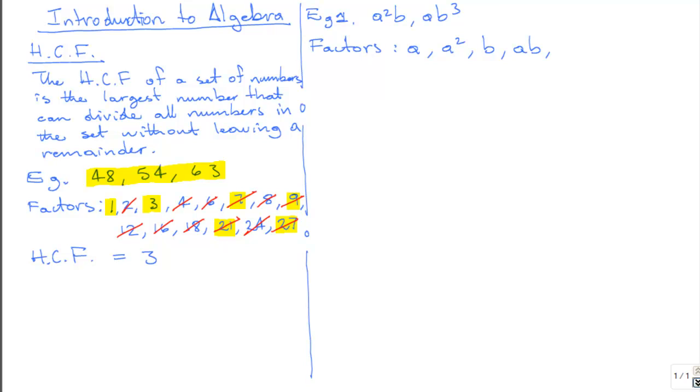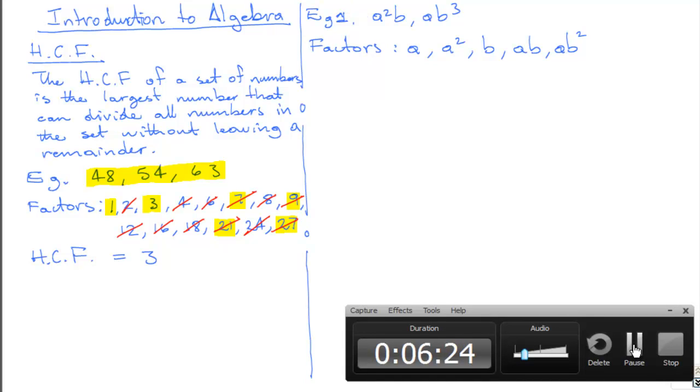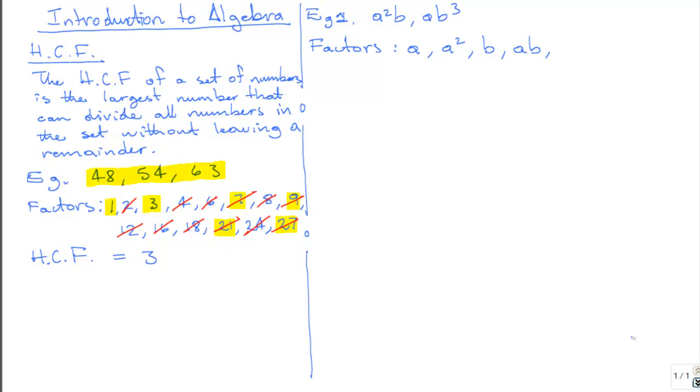Okay, now let us consider the factors of ab cubed. Factors would be a, we have a already, we have b already, ab is already listed, but now we can add a b squared. And a squared b is a factor of itself.